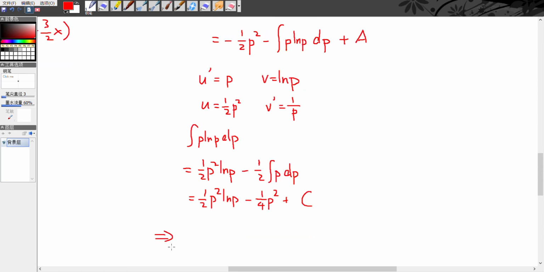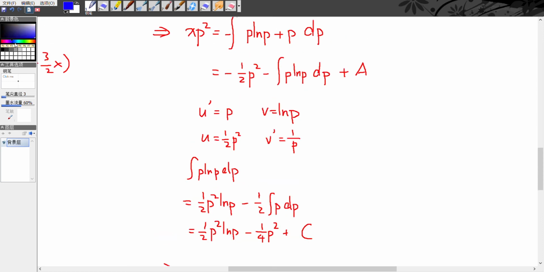So substitute this result of integration back into the equality we have above.